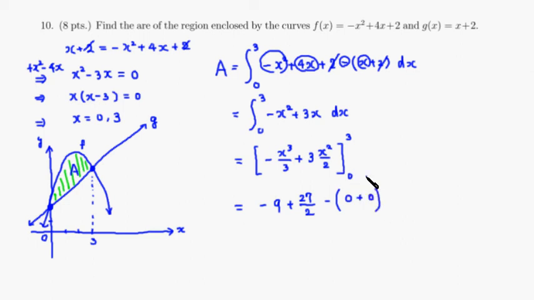Since negative 9 is the same thing as negative 18 over 2, this comes out to 27 minus 18, which is 9 over 2. So this is the area of the enclosed region. That's it, I hope this was clear.